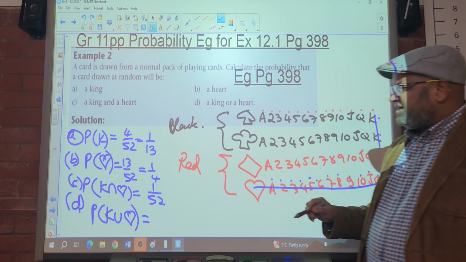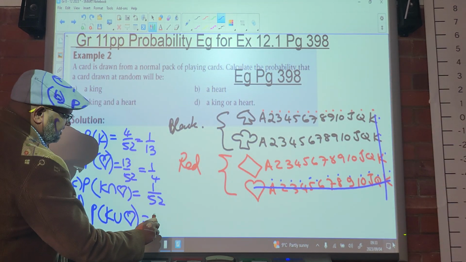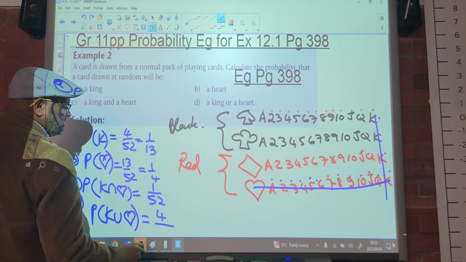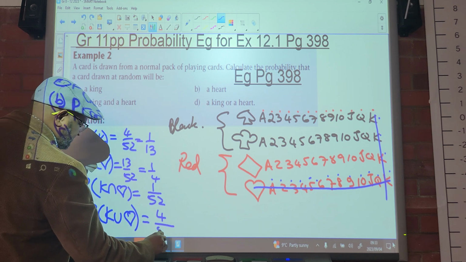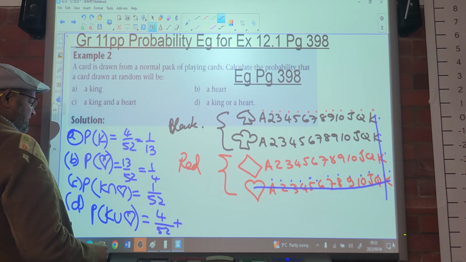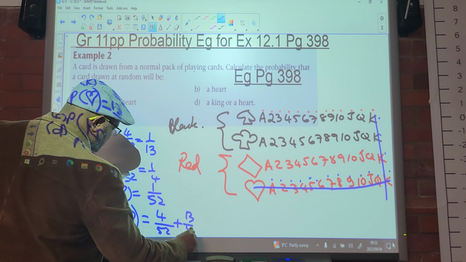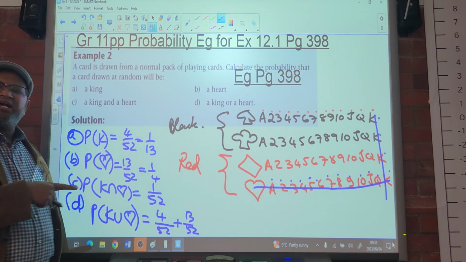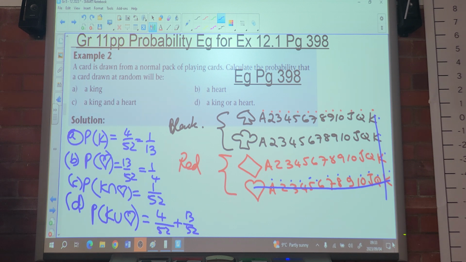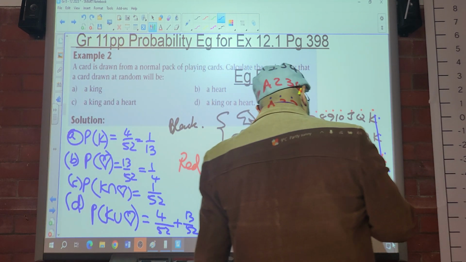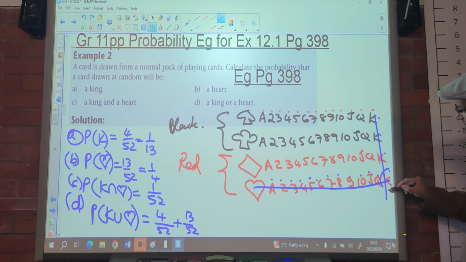But if we do this calculation, how many kings are there? 4 out of 52 plus how many hearts are there? 13 out of 52, which gives me 17, but we counted 16. Can you see that? But what happens, people? This king of hearts is counted twice.